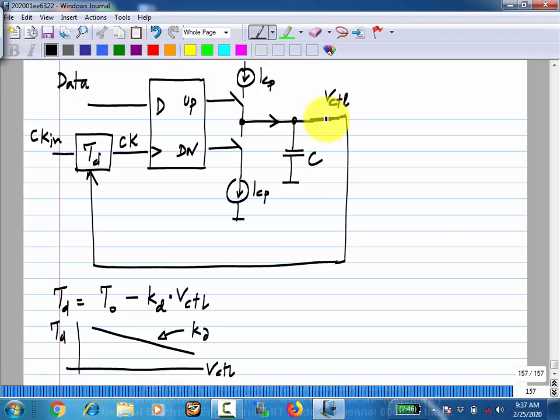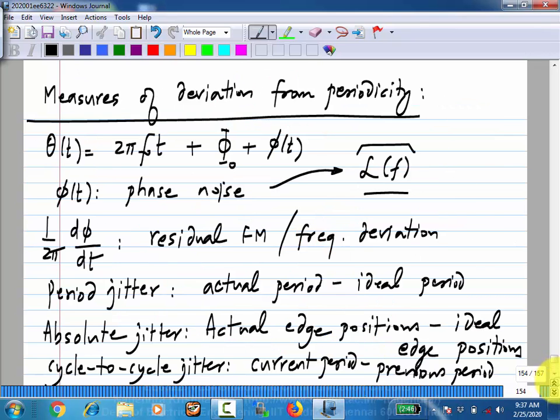So now how do we go about modeling this? First of all, one thing I have to mention is, so far I have considered periodic signals and their phase. Now what happens when you have random signals like data? Can whatever we discussed so far also be used with data?